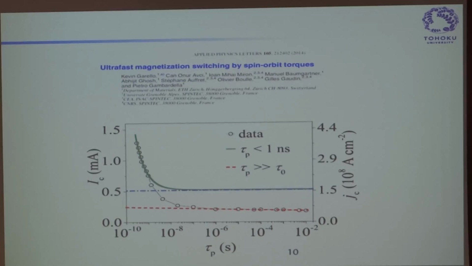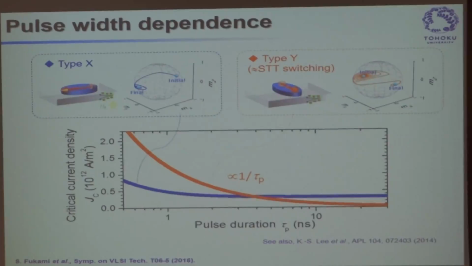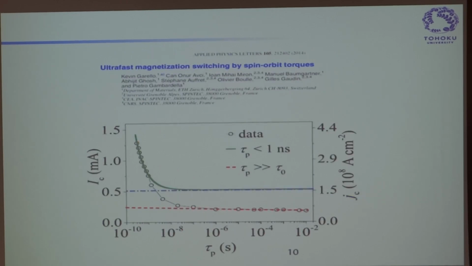And there's work done by the ETH group. They're saying that this is type Z, so it should be similar to type X with a fast switching. But unlike what people have expected, actually the switching current increases as you lower the pulse width.